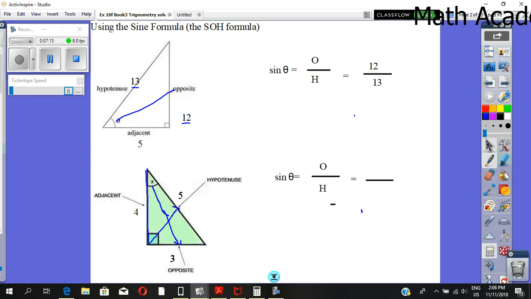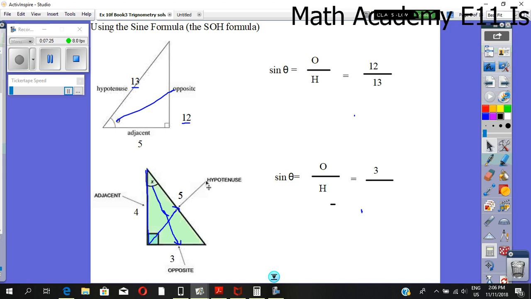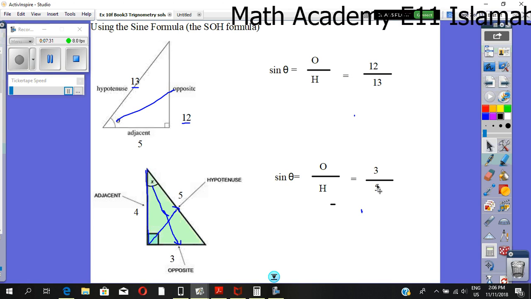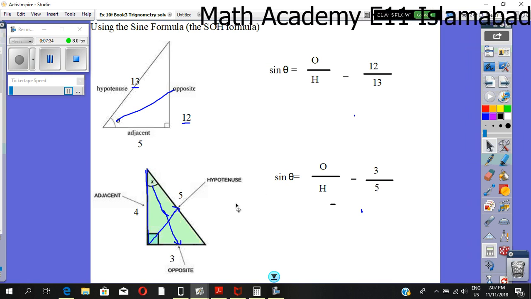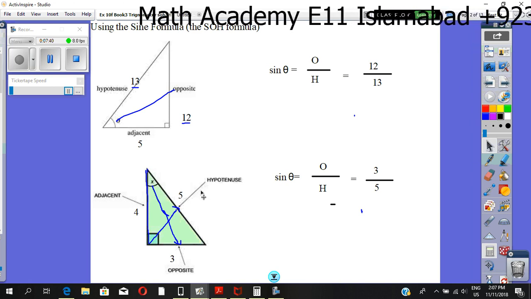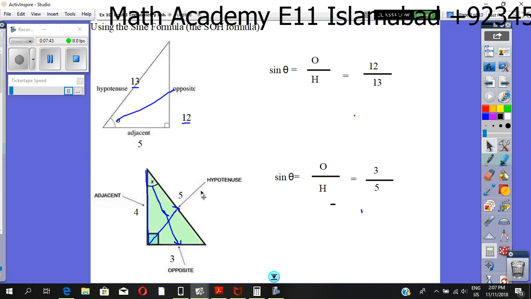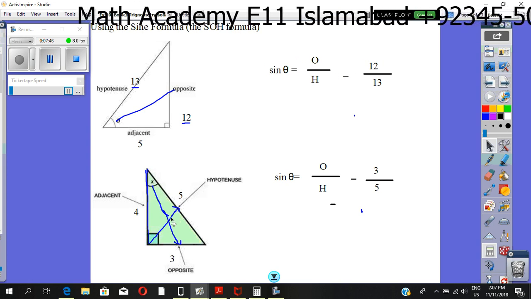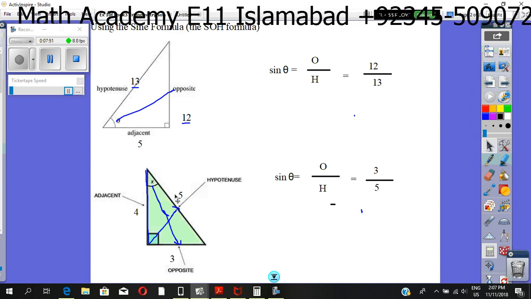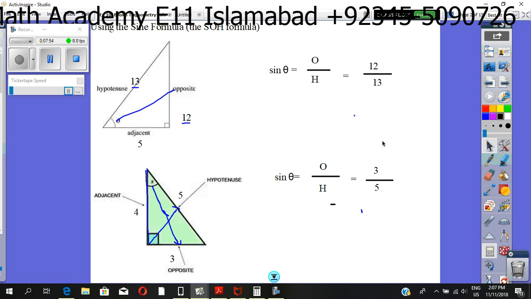We are supposed to find sine theta here. Check the opposite: the opposite is given as 3, and the hypotenuse is given as 5. It means the sine theta of the given right angle triangle having sides 3, 4 and 5 is opposite over hypotenuse, 3 by 5, and with the help of this formula, we can solve it.